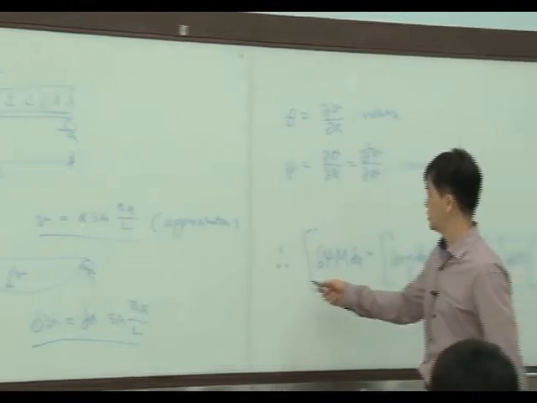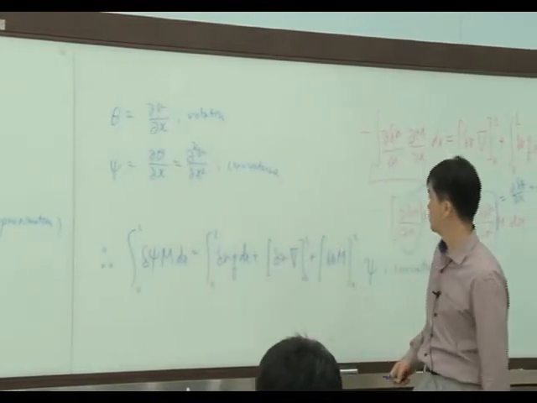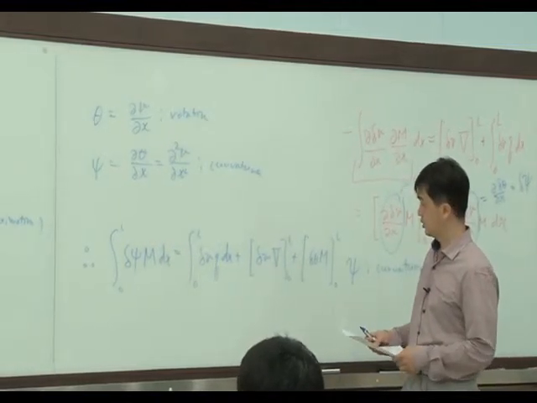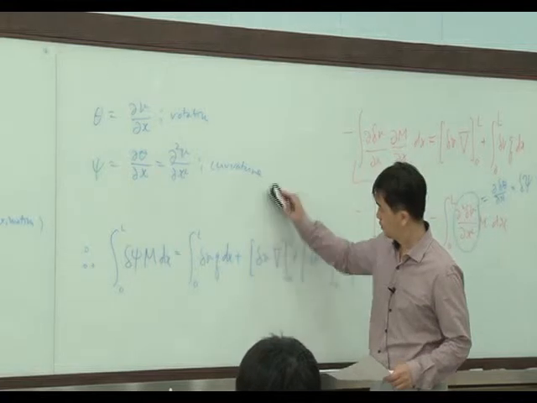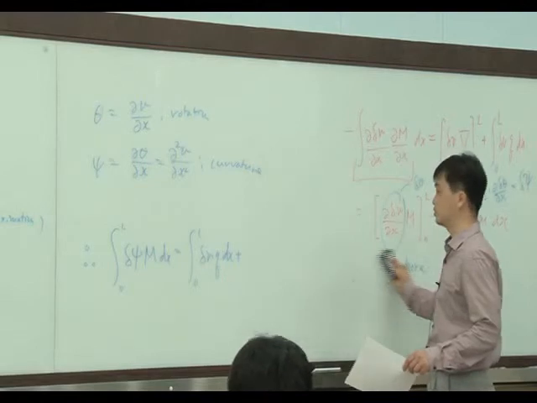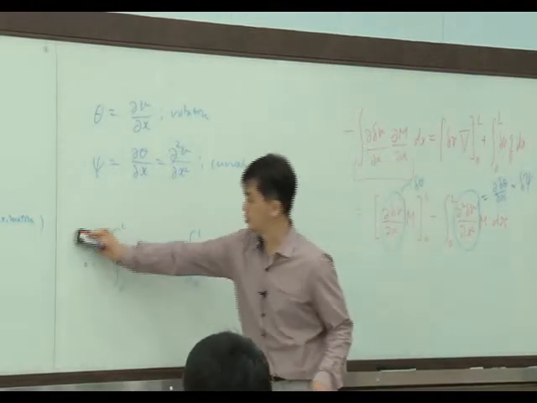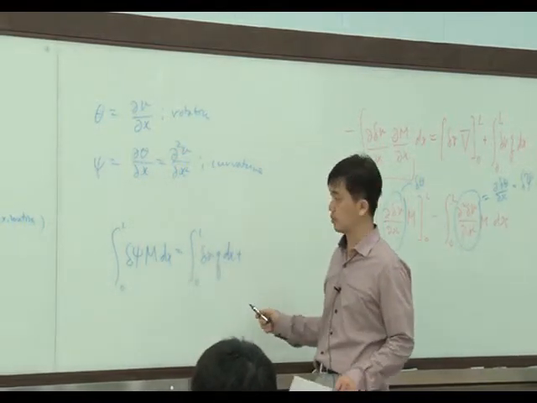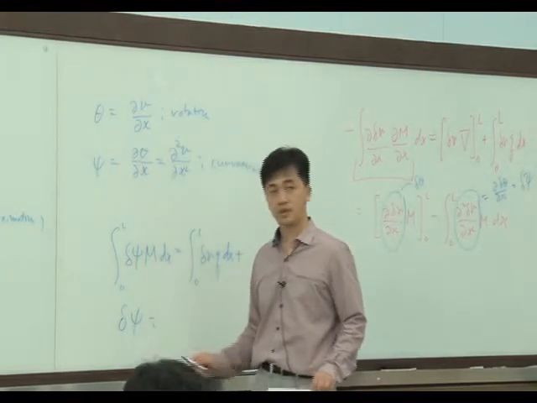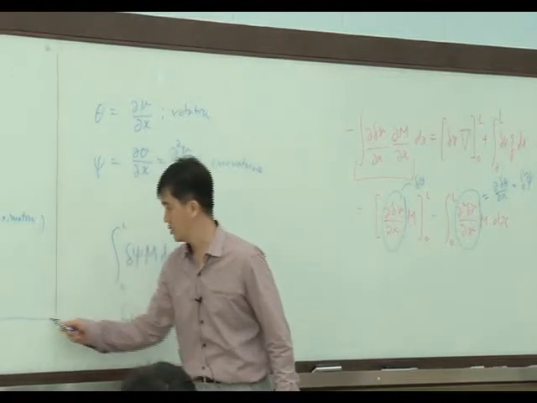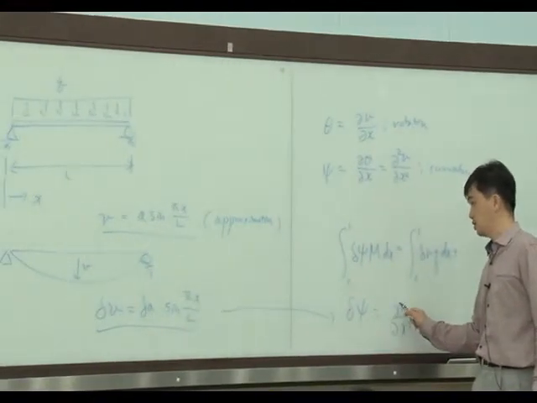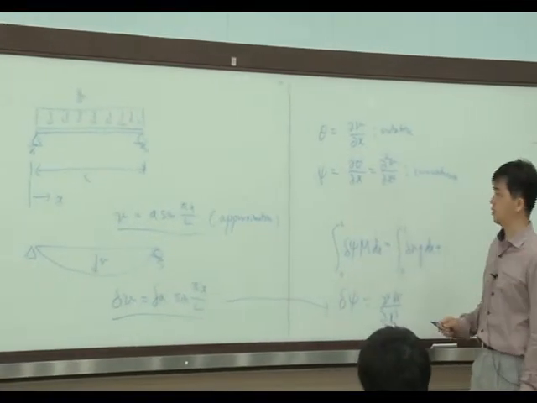Then let's use this principle of virtual work. Because we don't need to calculate these two terms, in that case we need to use only this equation, right? We can calculate the virtual curvature from this equation, differentiating twice.